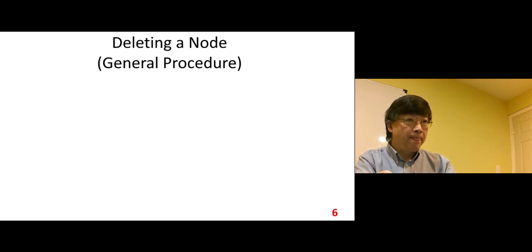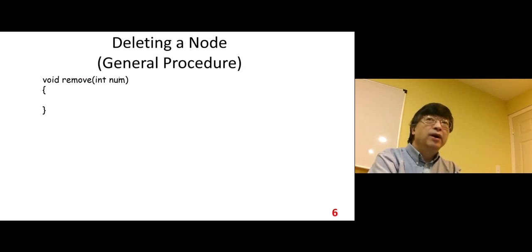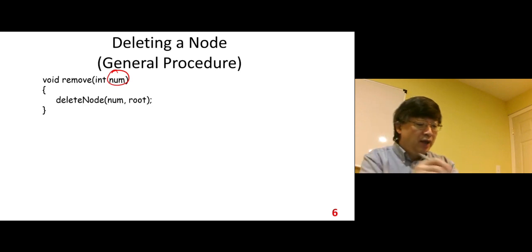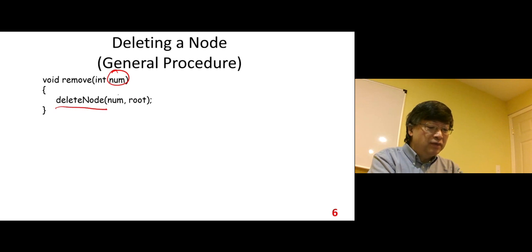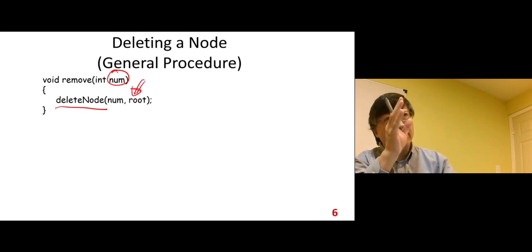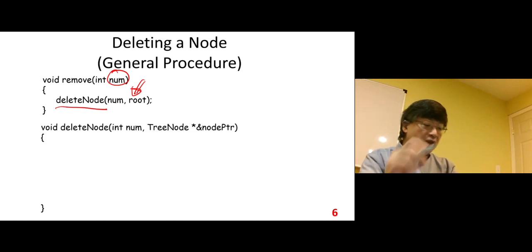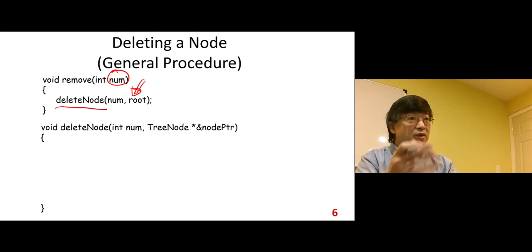So now, first, we remove a node that contains a given key. That's the general step. So we call the delete node function starting from the root. So we do the search starting from the root. Then we write this delete node function using recursion.